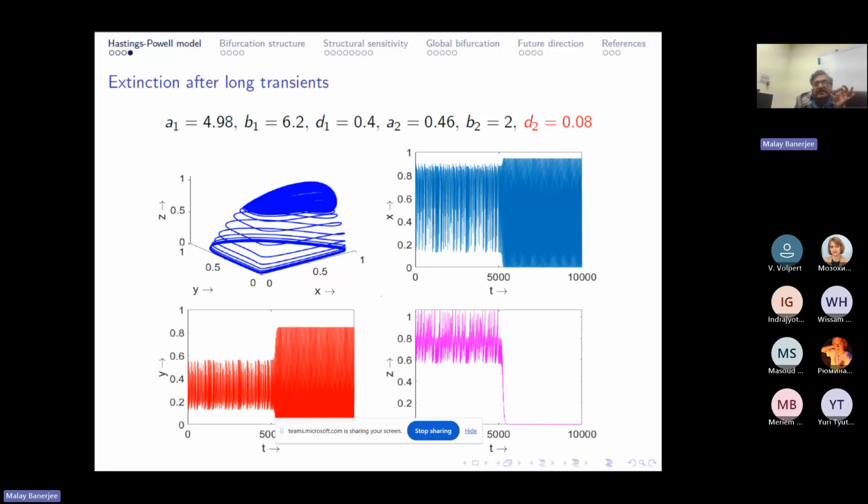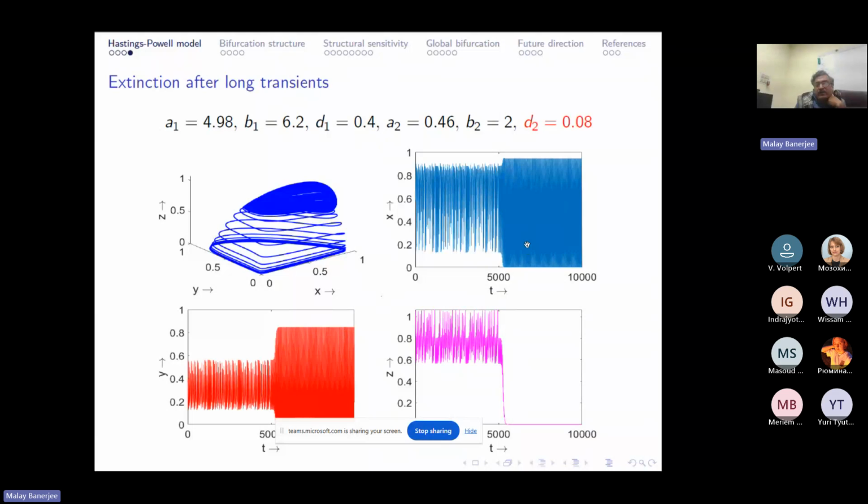Rather, it is labeled as chaotic transients, because the final destination of the trajectory is the limit cycle on the xy plane. So what we can see up to t equal to 5000 plus some time points are actually chaotic transients. Ultimately, the top predator goes to extinction, and the x and y components remain in oscillatory mode.